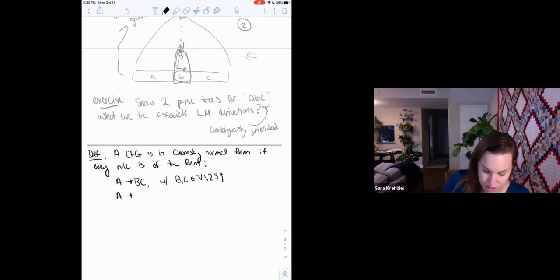Another option is that a variable can always turn into any terminal. And the third option is that, if you want, you can have the start variable turn into epsilon. You can't have anything else turn into epsilon.